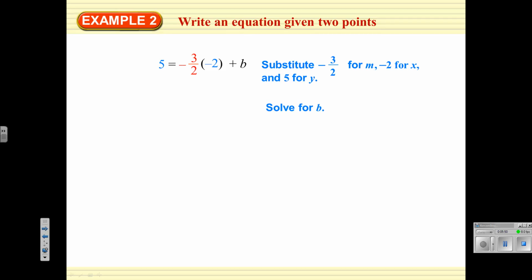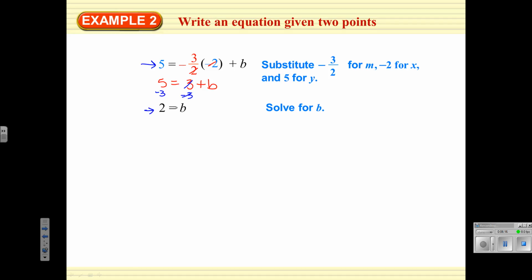Now we're going to solve for b, solve for that y-intercept. Negative 3 halves times negative 2 is positive 3, so we end up with 5 equals 3 plus b. Subtract 3 from both sides, and we get b equals 2. So that's the math that got us from here to here.